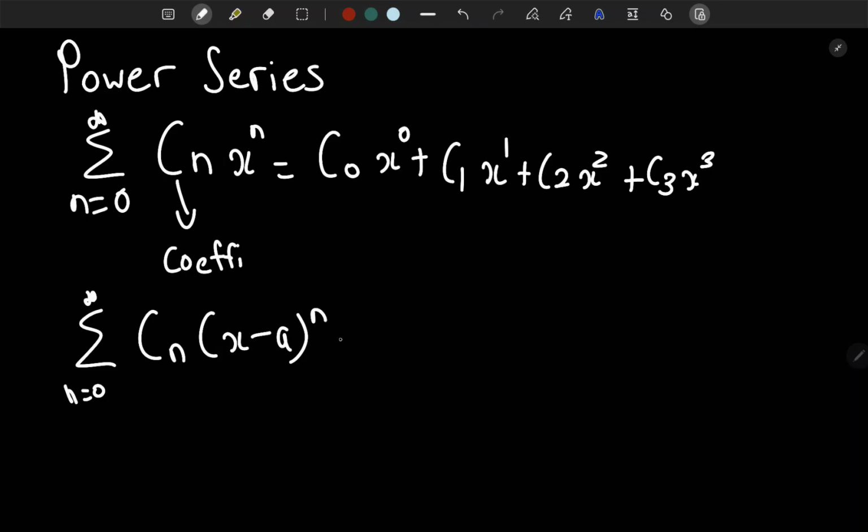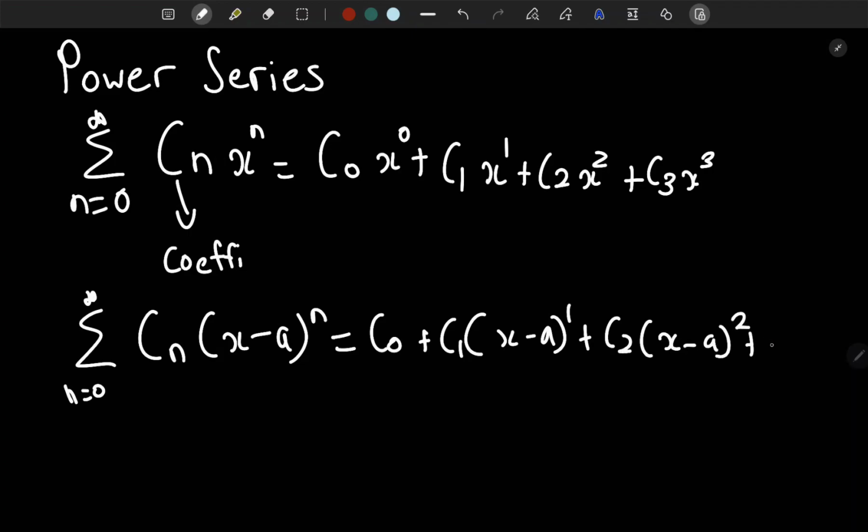Now if you expand this, put n as 0, it's going to be c0 plus c1 into (x minus a) to the power of 1 plus c2 (x minus a) to the power of 2, and so on until n is approaching infinity.